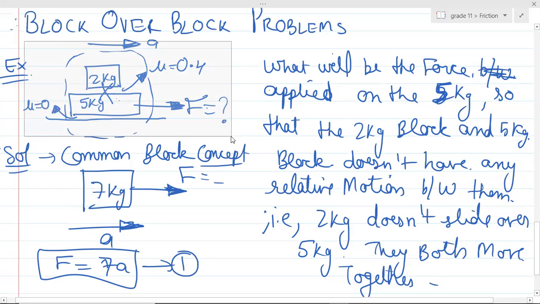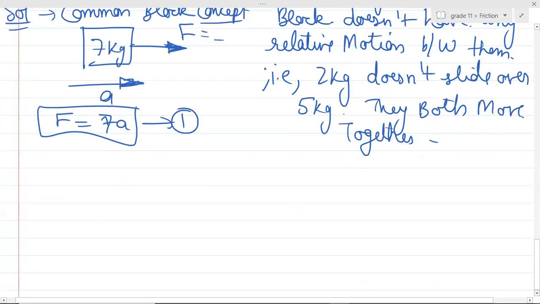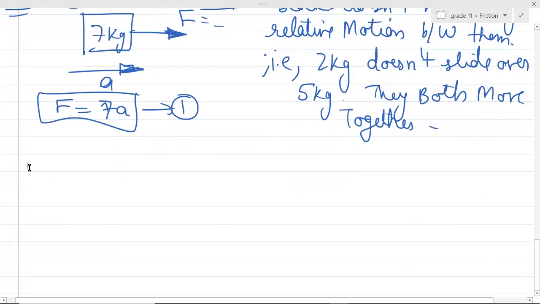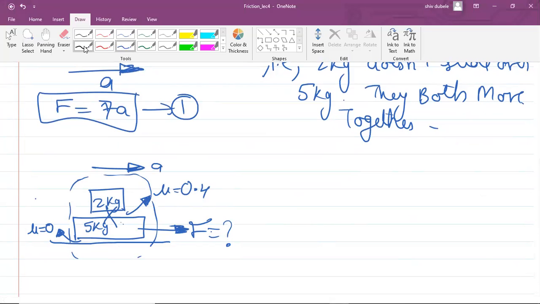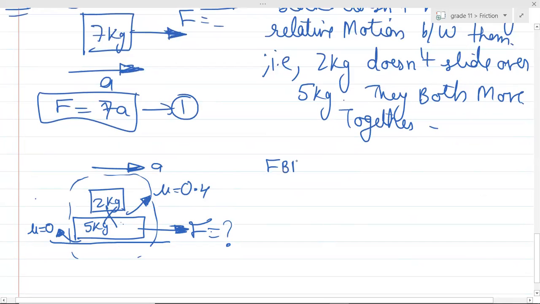This is the first question, that's why I'm doing it. Can you see, guys? Now this 2 kg block and 5 kg block, they both are moving. Can anyone tell me what all forces are acting on the FBD of the 2 kg block and the FBD of the 5 kg block?